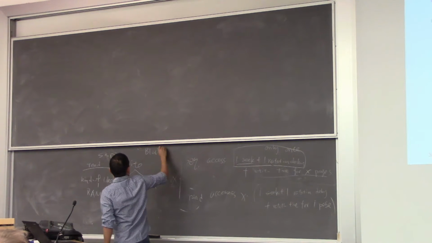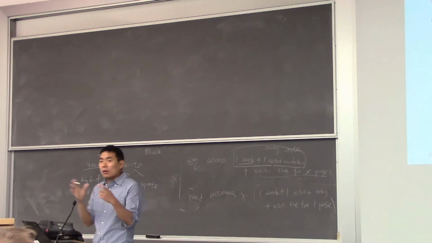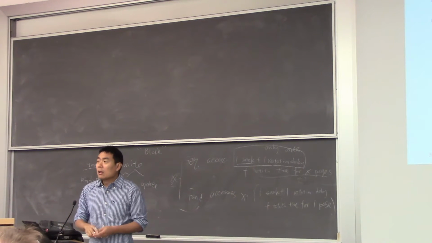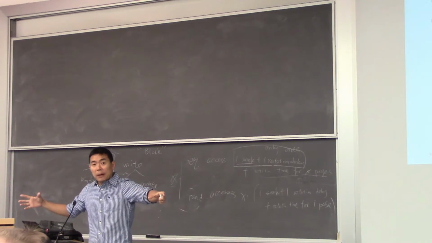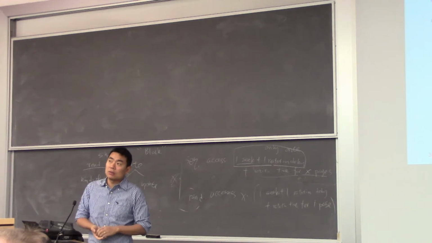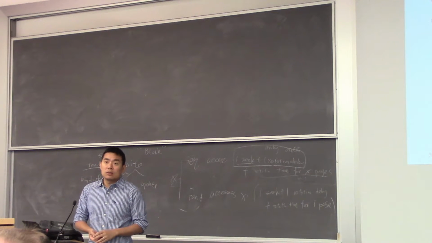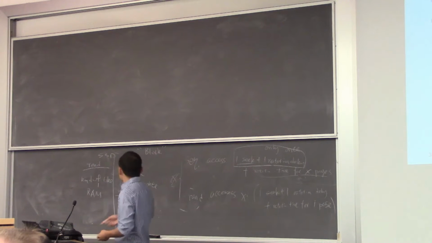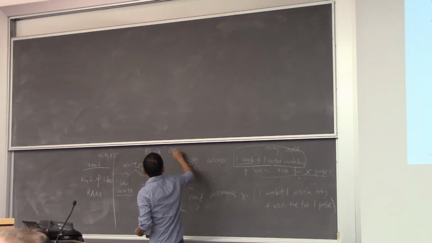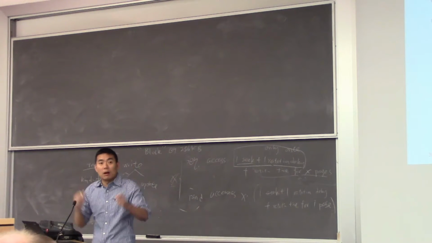A block in SSD, by the way, refers to a particular concept in SSD. A block is a collection of pages in SSD. Typically the block size depends on the SSD configuration, right? Most block sizes are maybe, let's say, 256 kilobytes. So that's what I mean by a block.